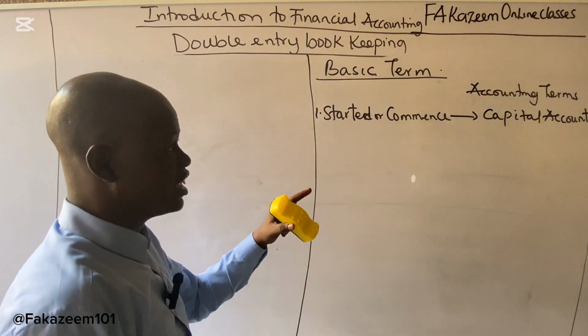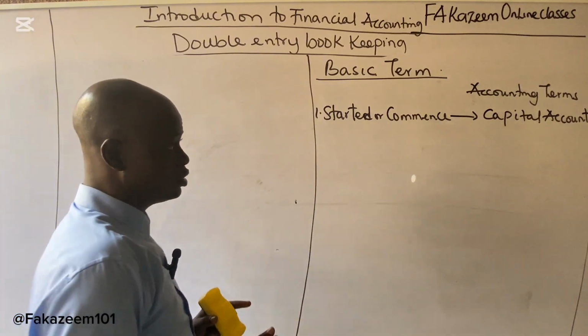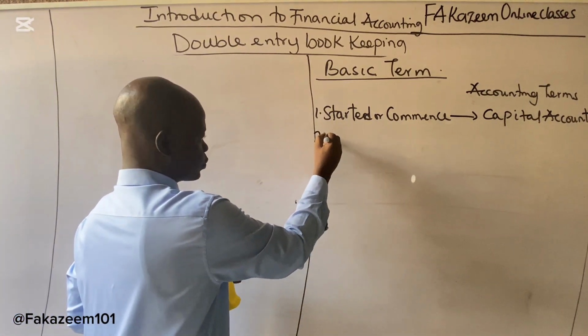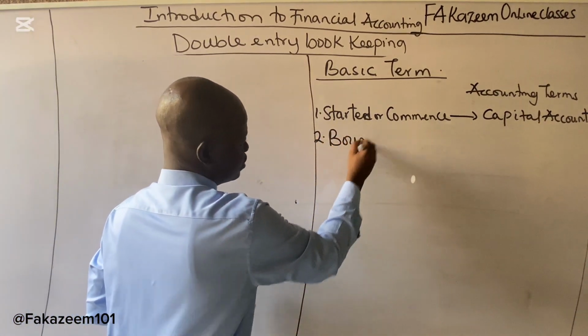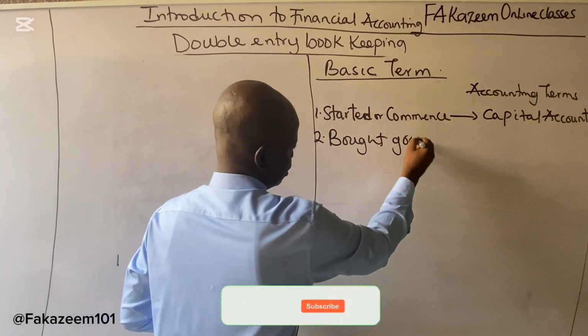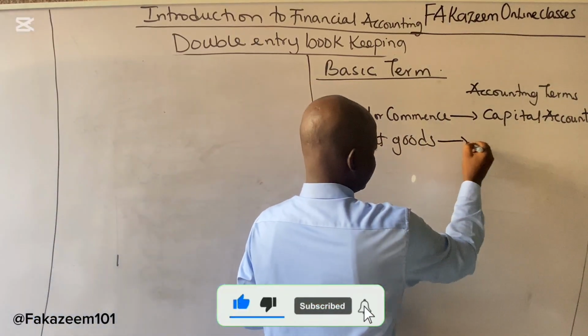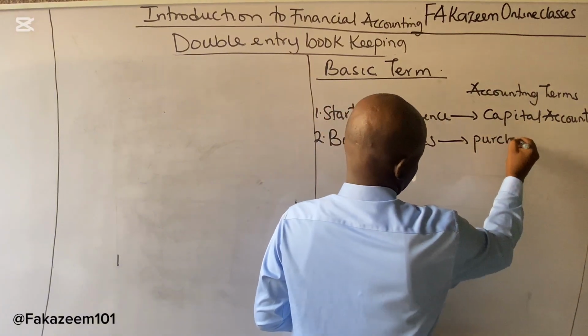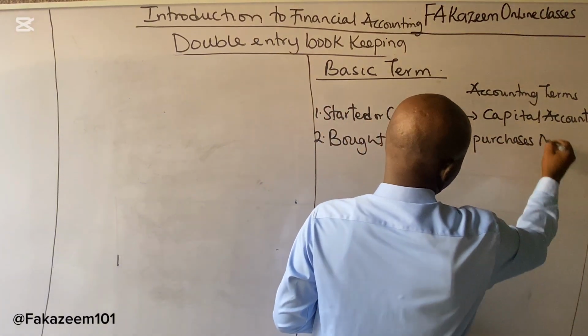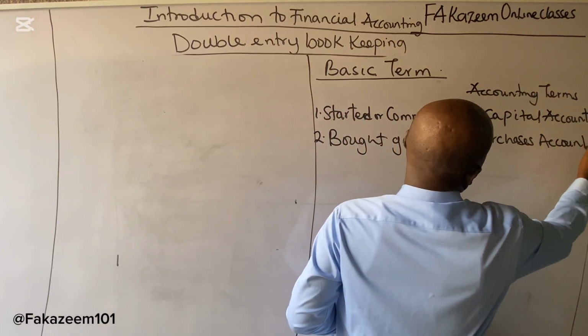When you see the word started, you write capital account in your solution. Two, if you see a word like this in your question, bought goods, what bought goods means is purchases account.